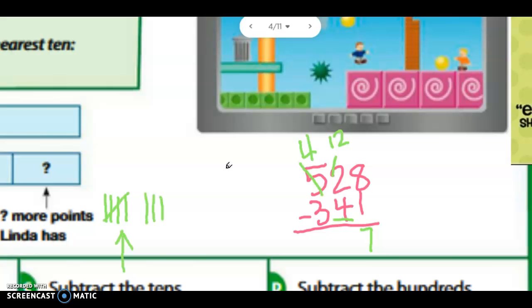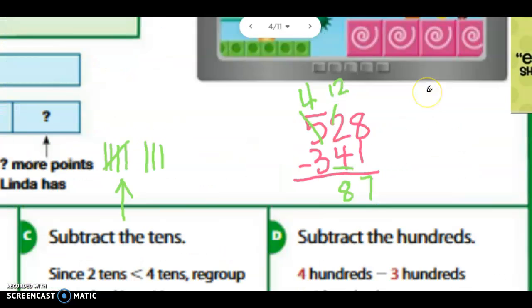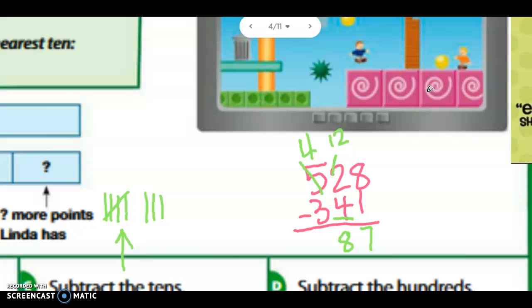I had to count up 8. And then finally, I can subtract the hundreds place. More on top, no need to stop. There is more on top. 4, take away 3. I know that is 1.